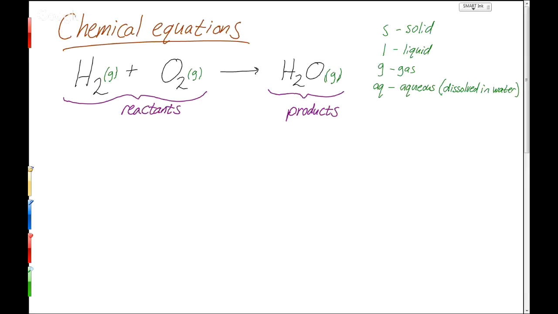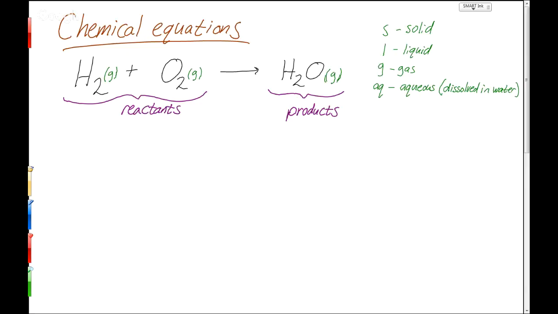In this case, there's 2 reactants, 1 product. There's an arrow in the middle that shows reactants going to products, but that arrow isn't always going that direction. We're going to see some reactions that go both ways, that can go back and forth. And in those cases, we might draw an arrow going the other way, or we might draw both arrows on top of each other, one going one way and one going the other way, showing that both of those things could happen. So sometimes those definitions will switch depending on the arrow, but for the most part, we're going to see our reactants on the left and an arrow going to the products.